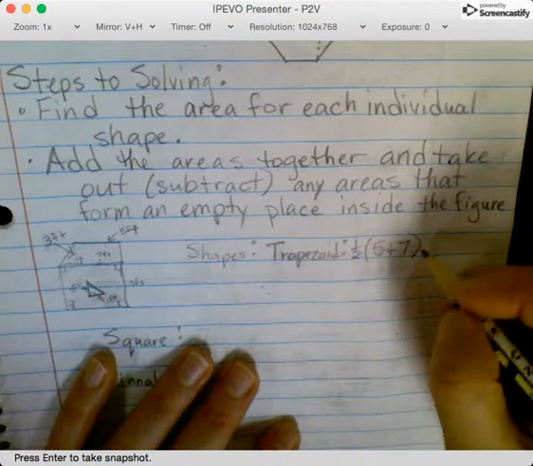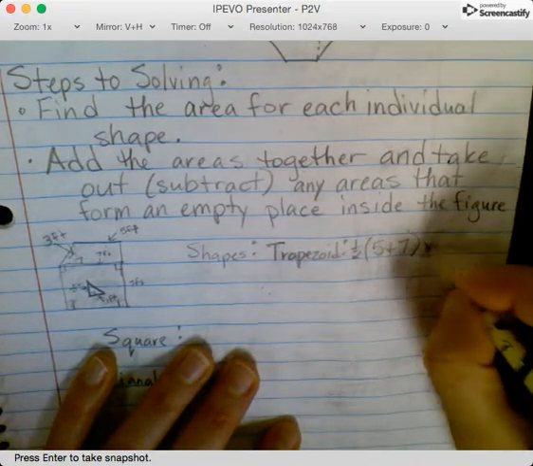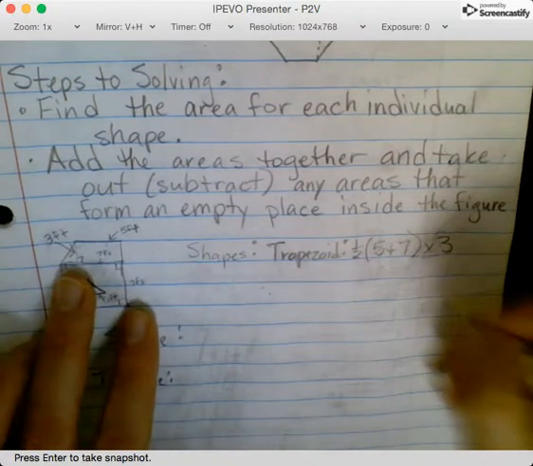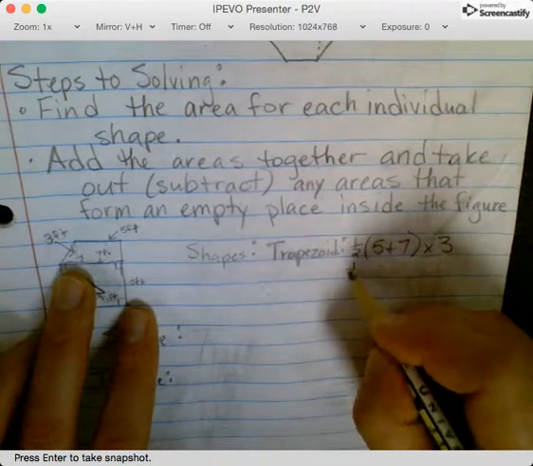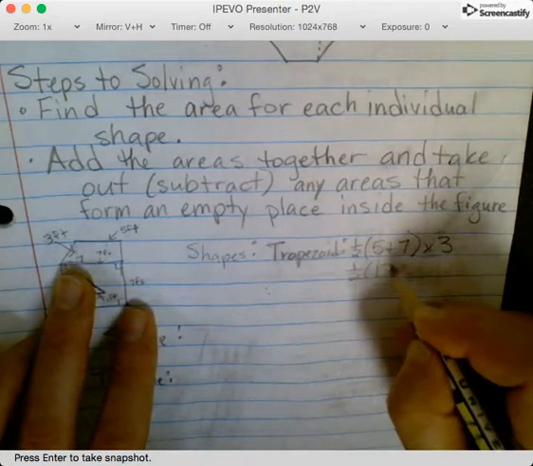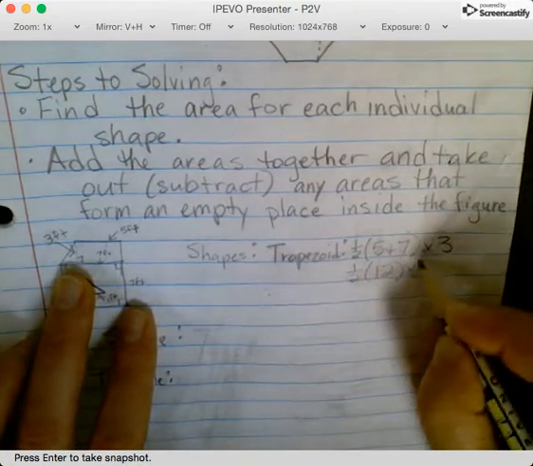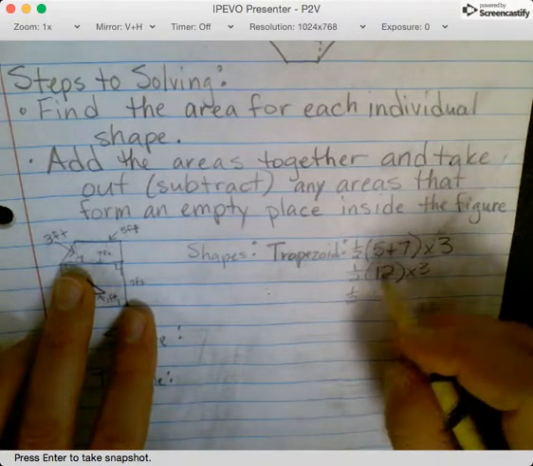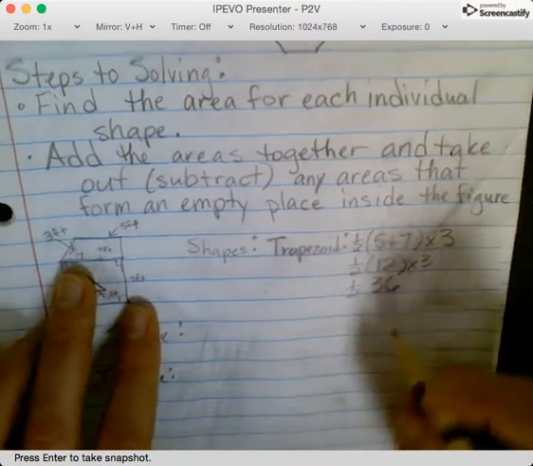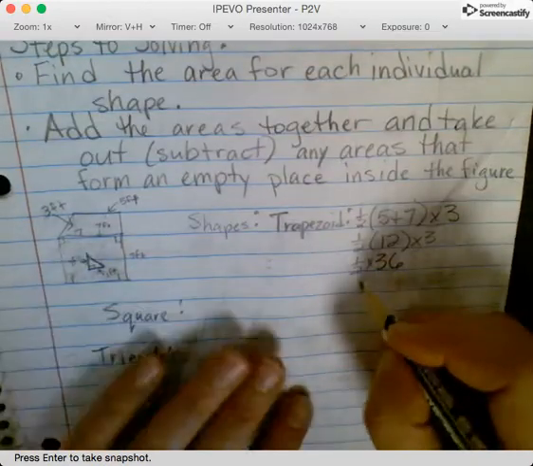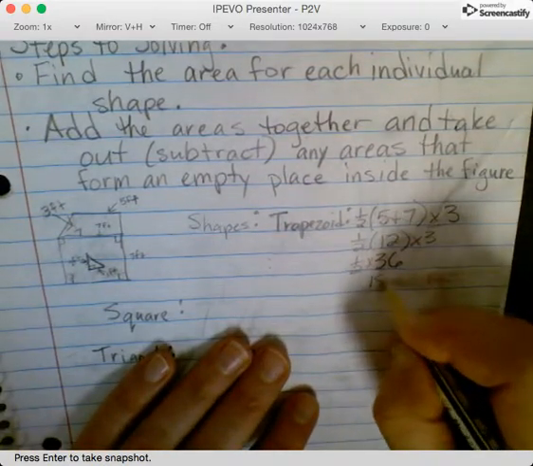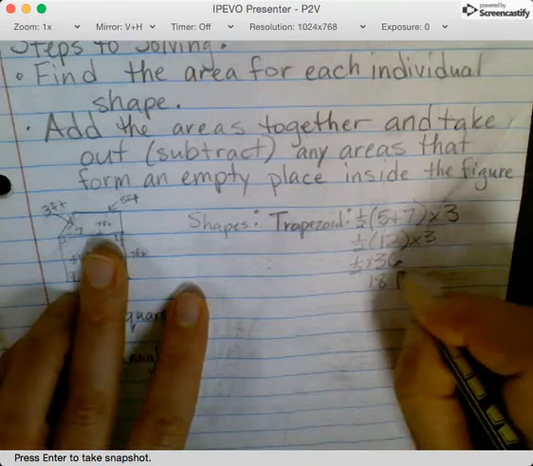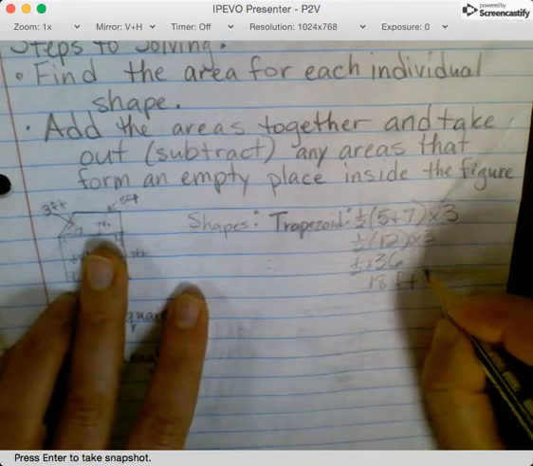So 1/2 times 5 plus 7, and then my height is 3. So 1/2 times 12 times 3, and 1/2 of 36, which is 18, and that's labeled in feet squared.